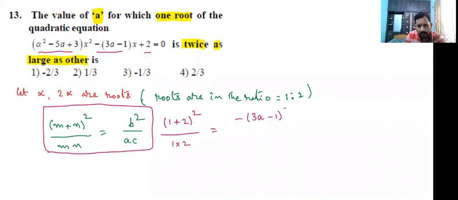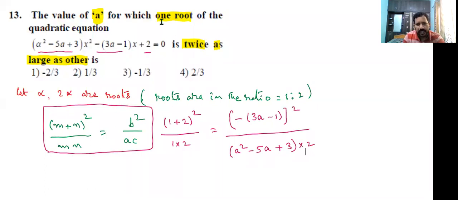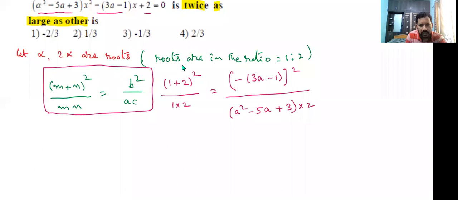Minus of (3a minus 1) whole square, divided by a into (a square minus 5a plus 3), into 2. Okay. Now the left hand side, see the calculation. 3 square is 9. 9 by 2.